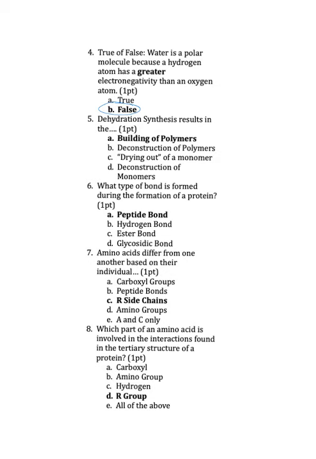Question 5, dehydration synthesis results in the building of polymers. That's where, for example, 2 monomers come together, like 2 amino acids. So if I have an amino acid plus an amino acid, they get linked together with a peptide bond, and a result of this process is the release of water.